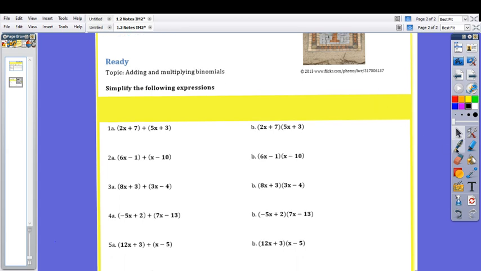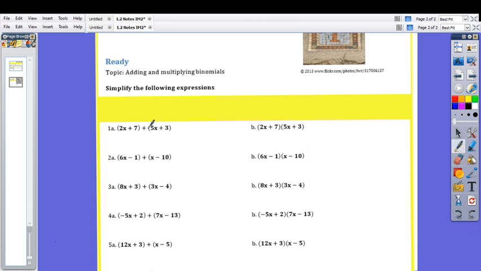So there are two parts. A is where you have two binomials and then they are added together, but then you have the same binomials but this time they're multiplied together. So there is a difference when you deal with these kinds of problems.